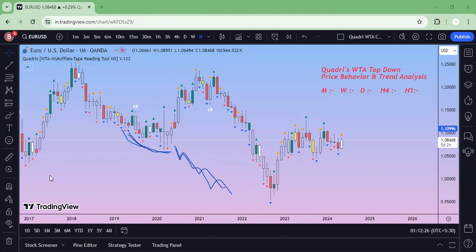So shortening of thrust is there, but if there is no demand whatsoever, or no new fresh demand coming in after the shortening of thrust, then it doesn't hold any validity. So you cannot plan your trade based on it.